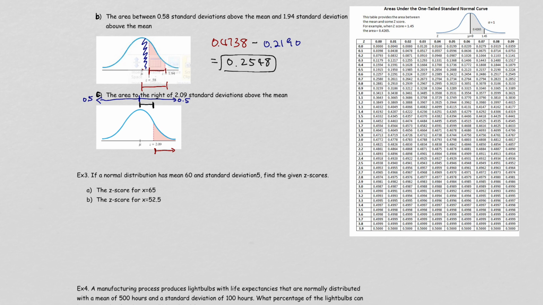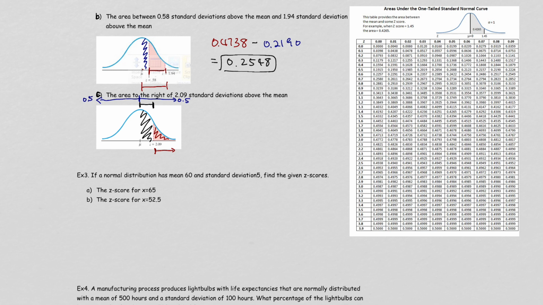And so if we can find the black area, subtract it from 0.5, which is the whole right side, then we should be able to get the red area, right?